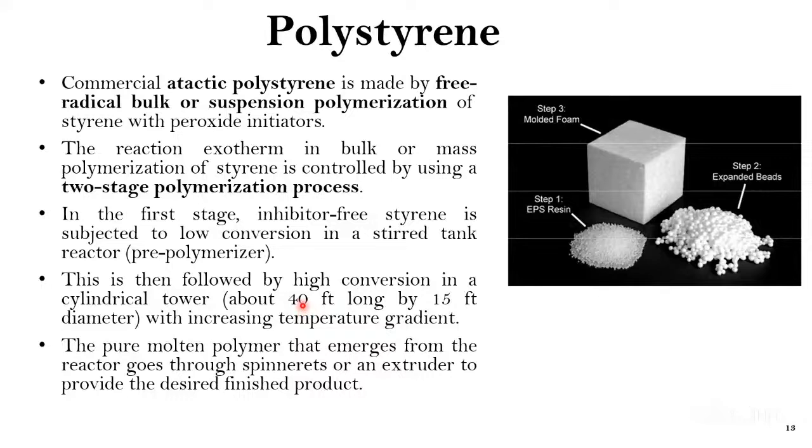Okay, and if you see it in pictorial form, there are different types of polystyrene you can get in the market. This is known as expanded bead polystyrene. This is known as molded foam. This molded foam is generally used for ice packaging.